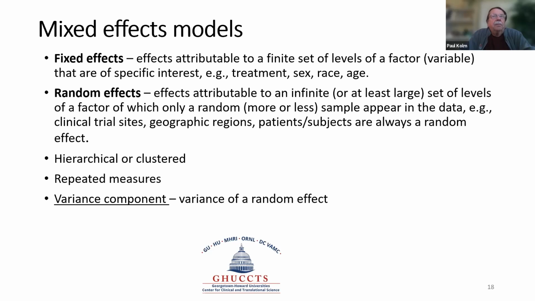Repeated measures is probably the most common example of a mixed effects model, because you have repeated measures on the same patient over time. And then if you come across the term variance component, that's talking about the variance of a random effect.